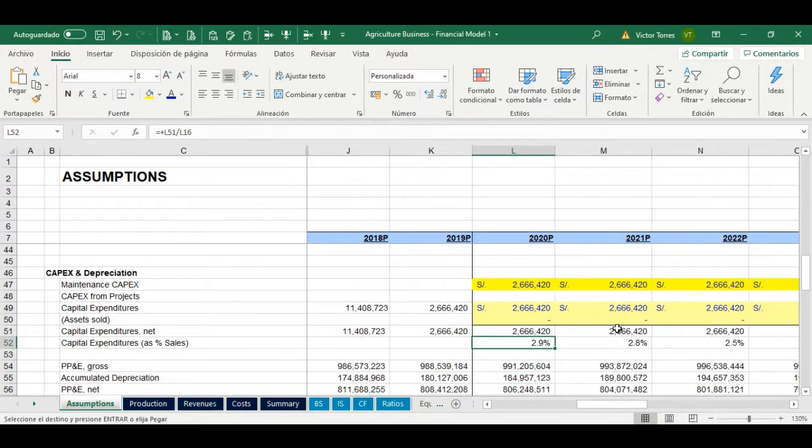Because one of the typical ways to estimate capex, from a top-level perspective, is to assume that it's a percentage of sales, with the assumption that you are operating at full capacity. So if you're going to increase your revenues in some way, you're going to need a lot more capacity in terms of equipment, PP&E, land or property.